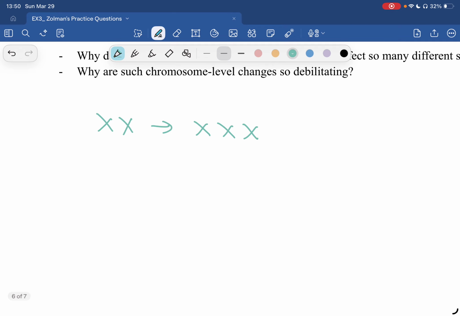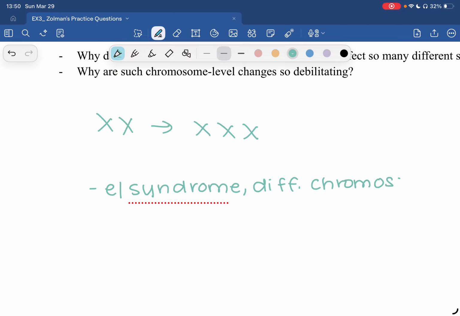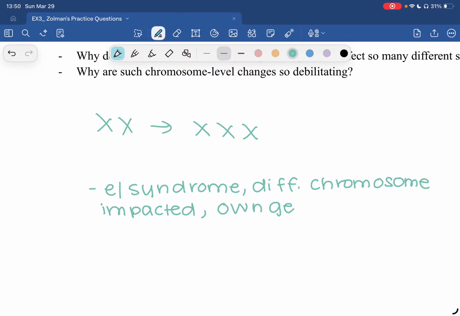So again, each syndrome has different chromosomes that are affected, and those chromosomes have their own genes that are specific to those. So that's why those are impacted.